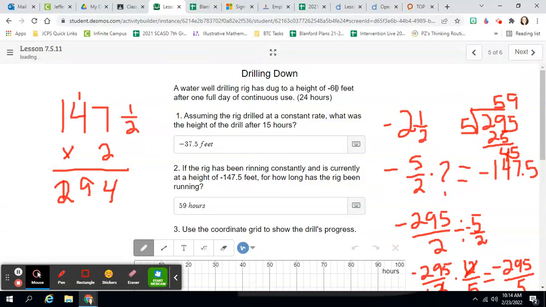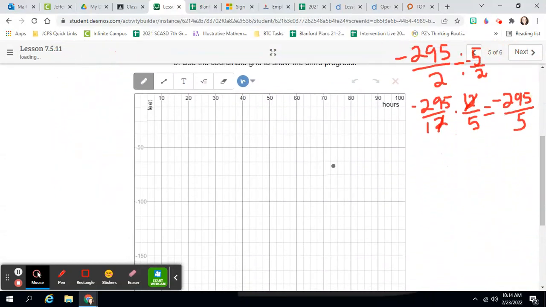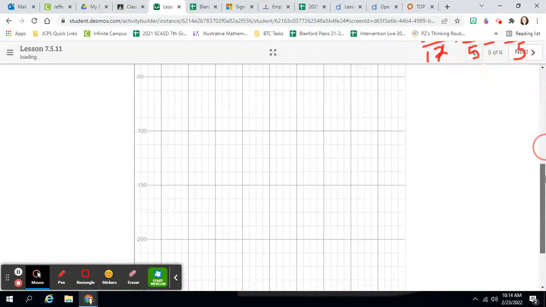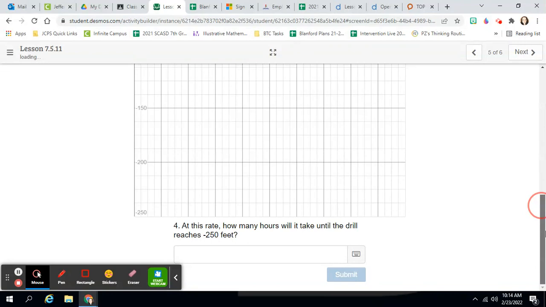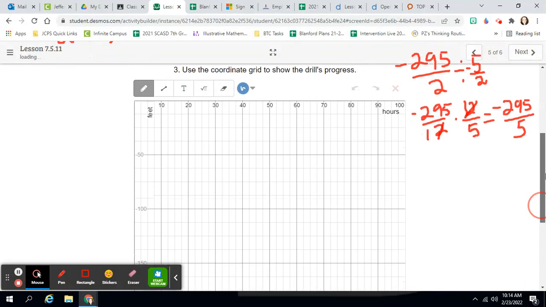The first one shows negative 60 feet at 24 hours. Well, this is the time, right? So we have hours on the top, or the X, and the feet on the Y.